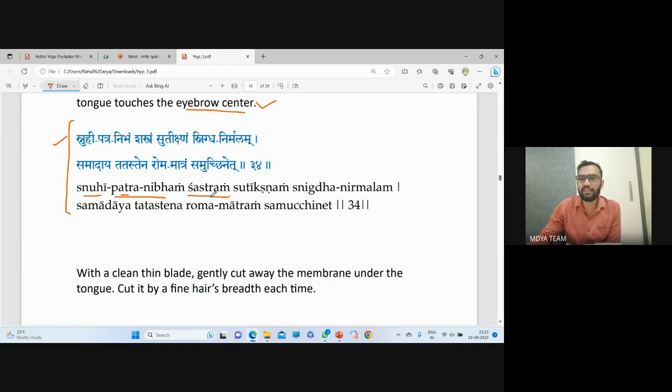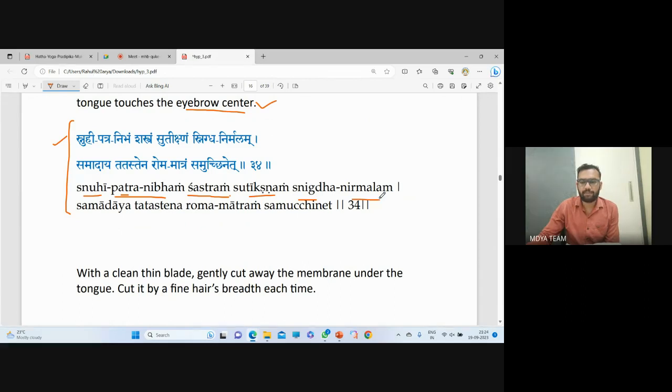That also we can use. And another instrument which is sutiksanam, so sharp, as like a blade, you can understand. A knife we also use in the kitchen, that is also sharp, but the sharpness of a blade is more in comparison to a knife.